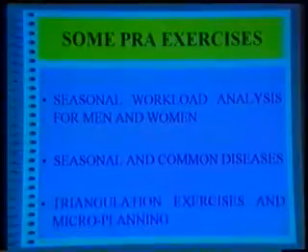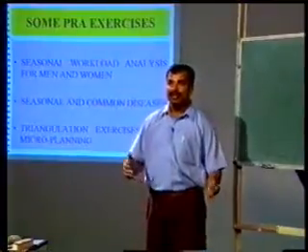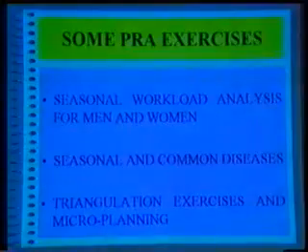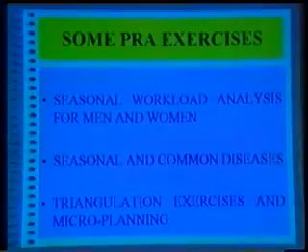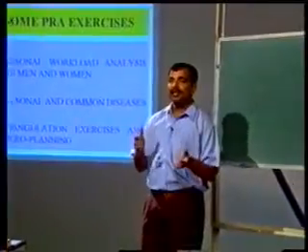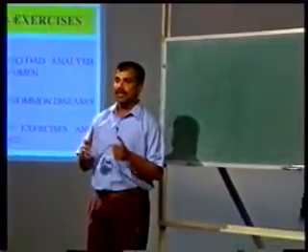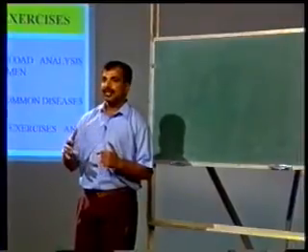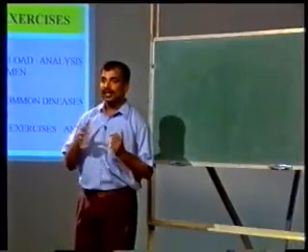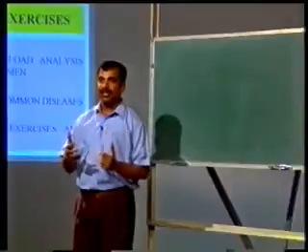Next exercise is known as triangulation exercises and micro planning. On different issues we conduct the triangulation exercises, which means first we do all the exercises with the people in their own languages, in their own understanding.